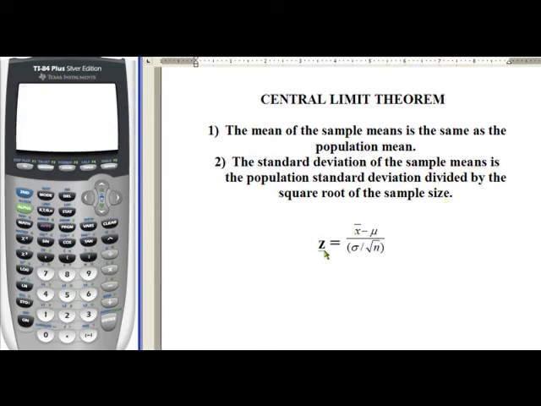So if you remember how we calculated z previously, it was x minus mu over sigma. In this case, instead of x, you're going to use the average x minus mu, since the mean of the means is the same as the population mean. So this one is not going to change. But since the standard deviation is sigma divided by square root of n, you are going to use this instead of sigma.